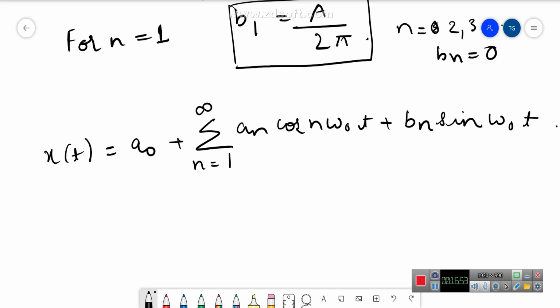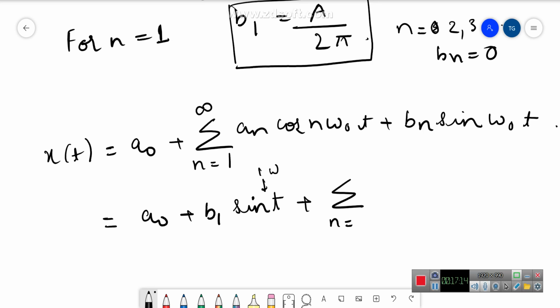So we have this value a naught plus b1. Only for b1 we have some value, so we will write here b1 sine t, because we know n equals 1 here and omega is equal to 1.